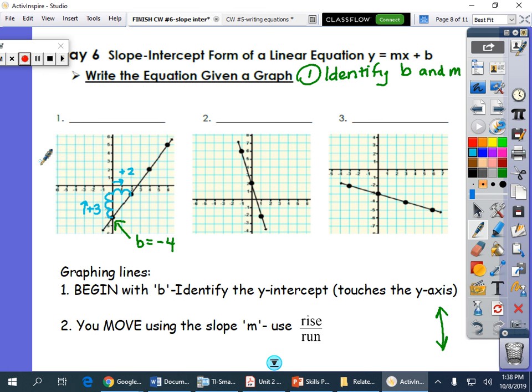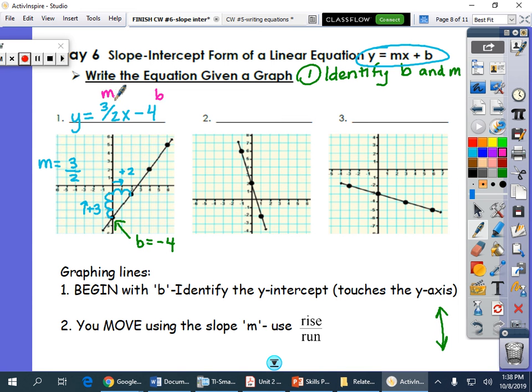So my slope here, my m, is 3 over 2. I would write my equation in this y equals mx plus b. I have y equals 3/2 x minus 4. So this is b, this is m.